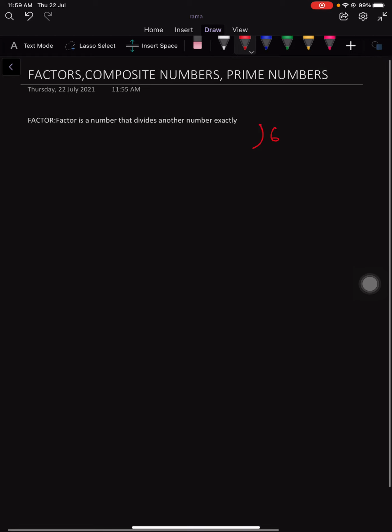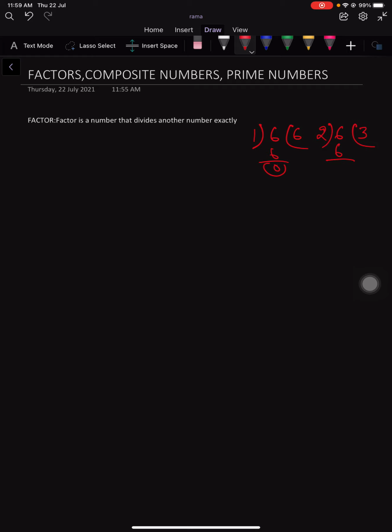Shall we write a few examples for factors? First, we can take 6. 6 is divisible by 1. 1 sixes are 6. And 6 is divisible by 2. 2 threes are 6.